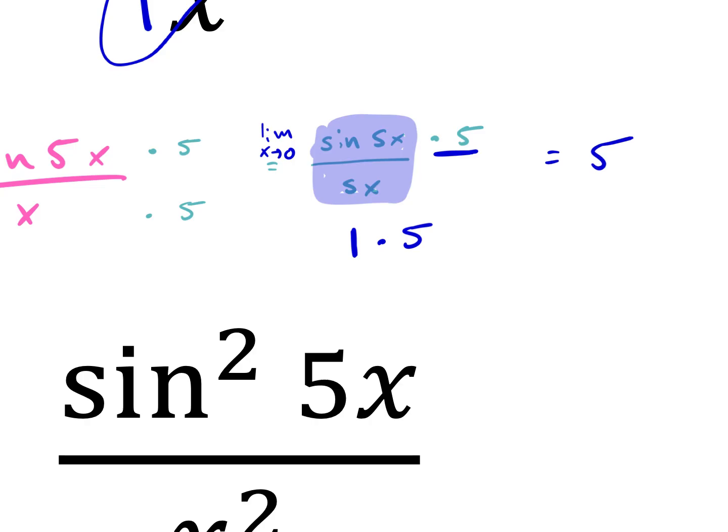So if you ever had to show your work for a question like this, this would kind of be how you show your work. You want these two to be the same. When they're the same, your limit as the sine of whatever over the same thing, it's going to equal 1.